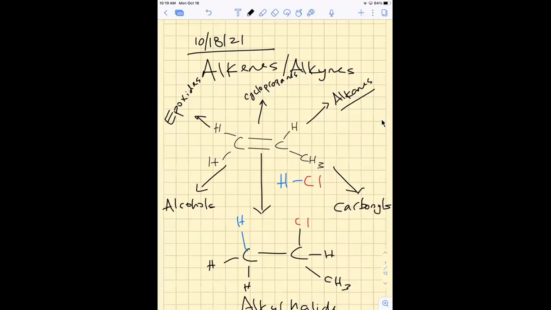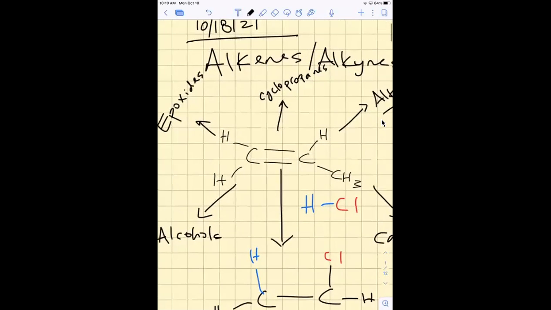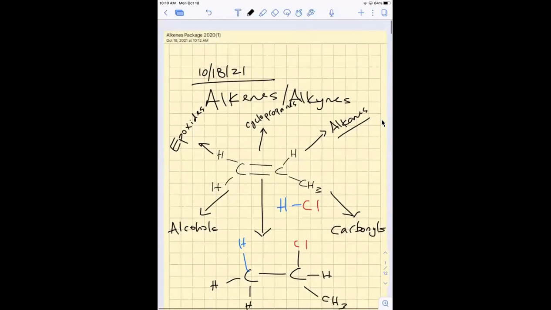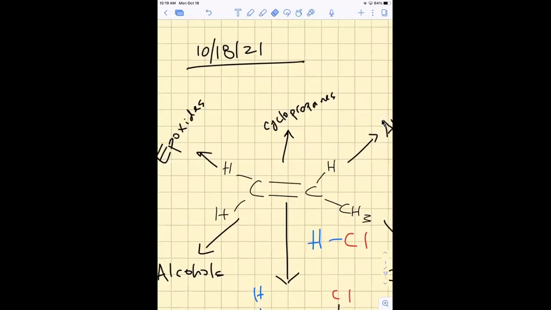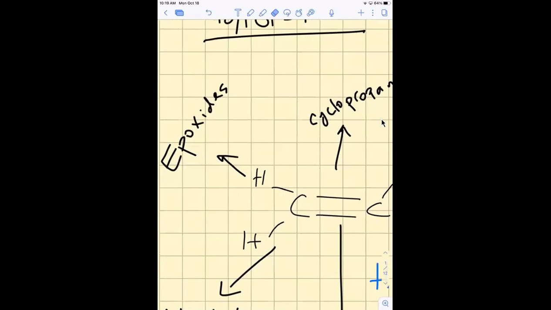Every one of these reactions has a set of reagents that allows for this transformation. Let me erase this so I can make this look better. So if I want to convert this into an epoxide, I can use hydrogen peroxide.